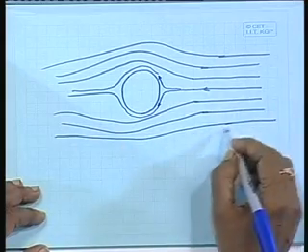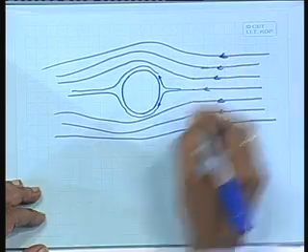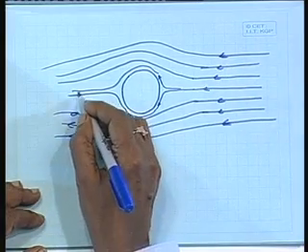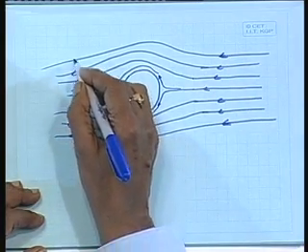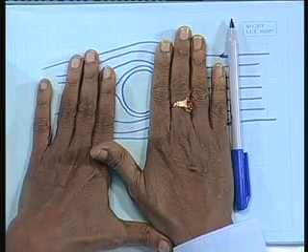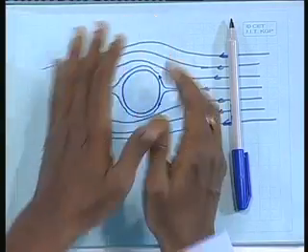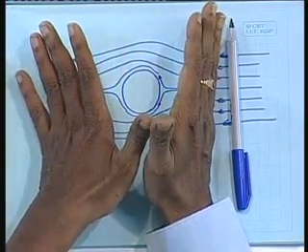So, there is no circulation here, as you can see, and the flow here will be parallel. There will be no force on the cylinder, because the pressure distributions here and here will cancel each other. Therefore, there will be no resultant force on the cylinder.